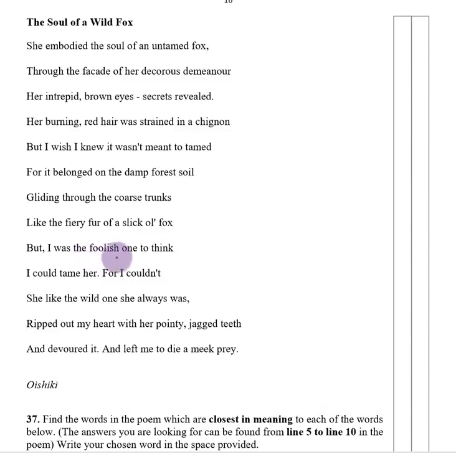But I was the foolish one to think I could tame her, for I couldn't. She, like the wild one she always was, ripped out my heart with her pointy, jagged teeth and devoured it, and left me to die a meek prey.